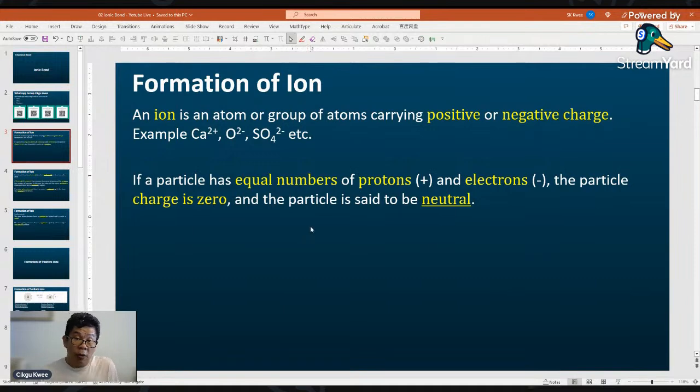If a particle has equal numbers of protons and electrons, protons carry positive charge and electrons carry negative charge, then the charge is 0 because they neutralize each other, and we say the particle is neutral. That is what you need to know about ions.